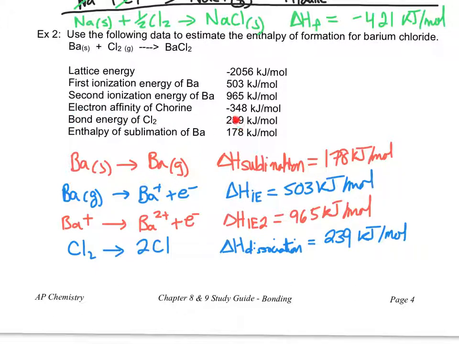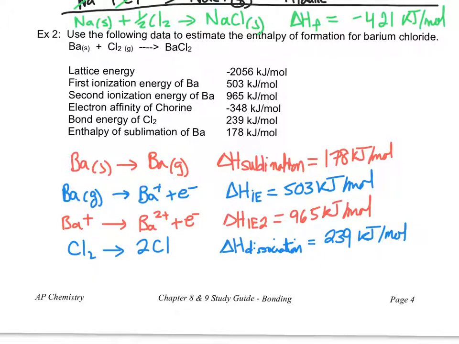The dissociation energy is the same thing as the bond energy of the chlorine breaking the bond. So when we form this bond, it would be negative 239 kilojoules per mole. When we break it, it's positive 239 kilojoules per mole. Now this time we do not need to divide by 2 because we do need both chlorines to form the BaCl2. So we'll leave it as is.